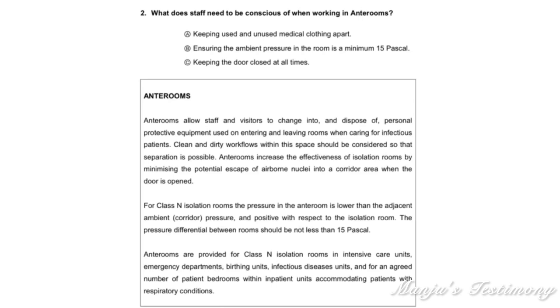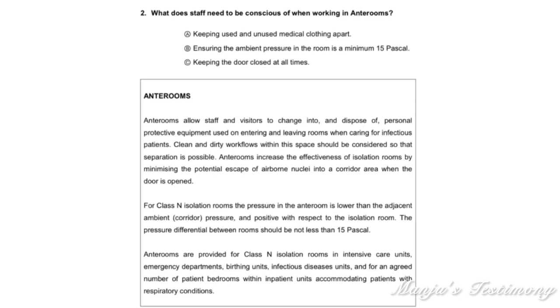We cannot use our medical knowledge because this is a reading test and our reading ability or our comprehension ability is being tested, not our medical knowledge. So you don't have any right to assume the answer of any of the questions. You just have to extract the meaning from the sentence they have given in the text. So keeping the door closed at all time is not given in the text.